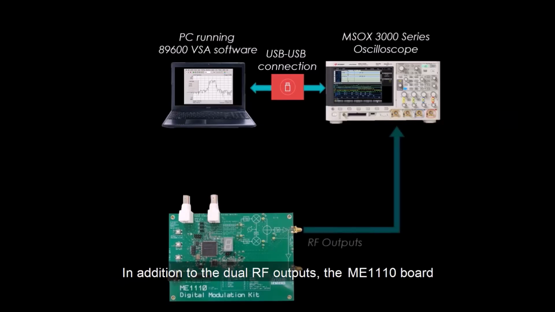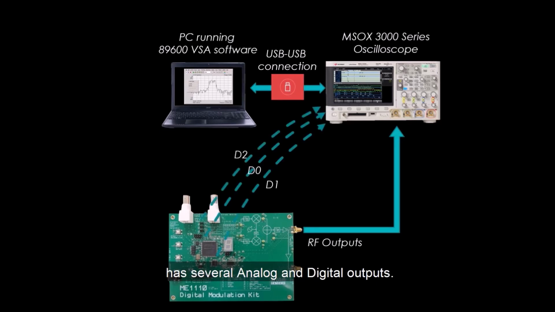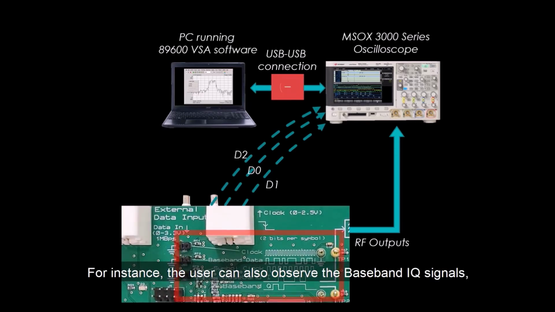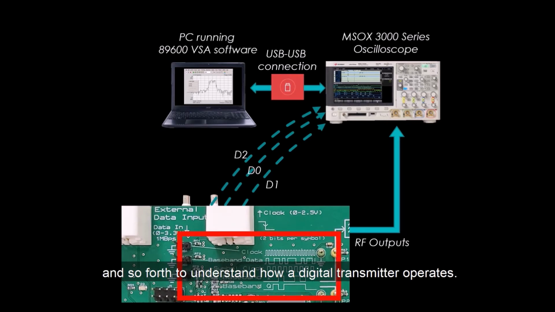In addition to the dual RF outputs, the ME1110 board has several analog and digital outputs. For instance, the user can also observe the baseband IQ signals, the baseband digital data, data clock, symbol clock, and so forth to understand how a digital transmitter operates.